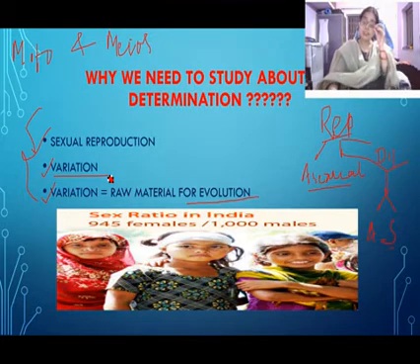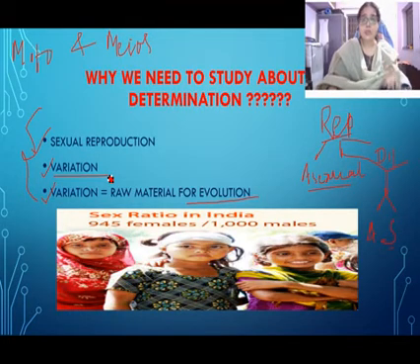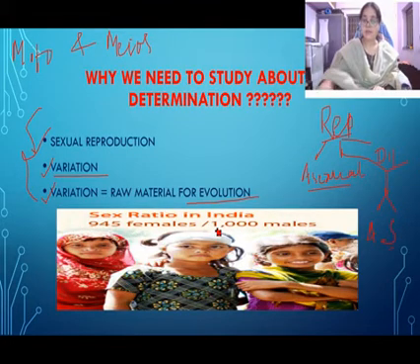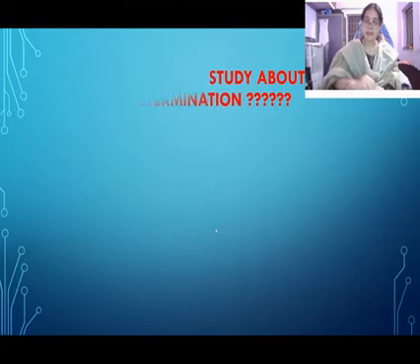Now, what are the societal reasons why we need to study this particular topic? Earlier, it was thought that the female is responsible for the sex of the offspring, but it is not true, and this you are going to prove by today's class. The sex ratio in India was 945 females per 1000 males.